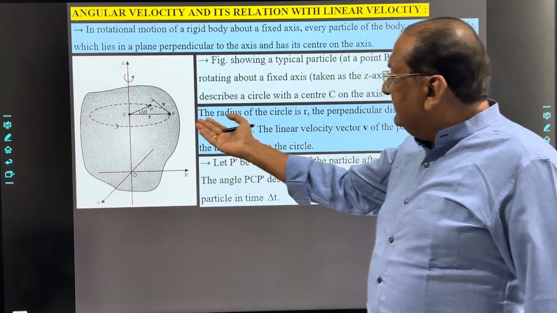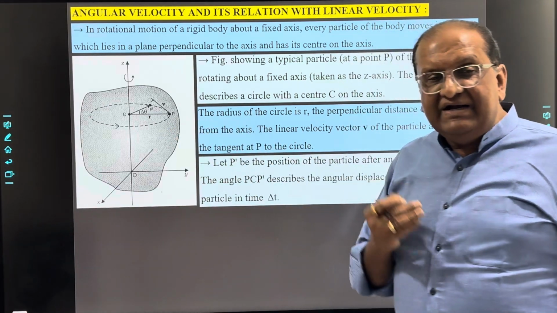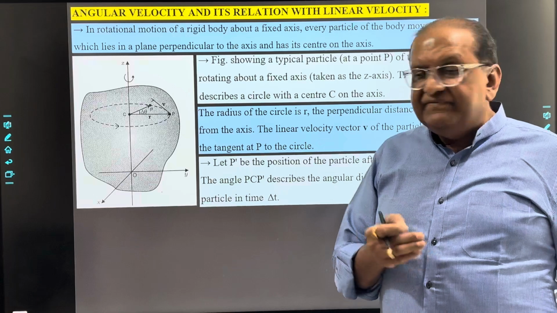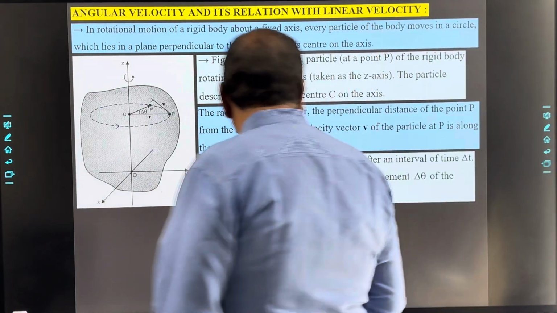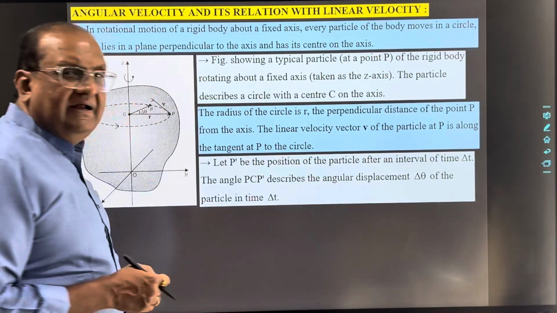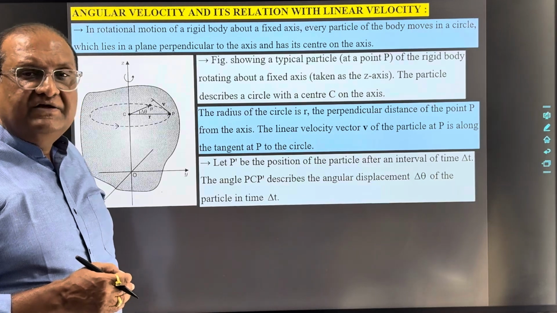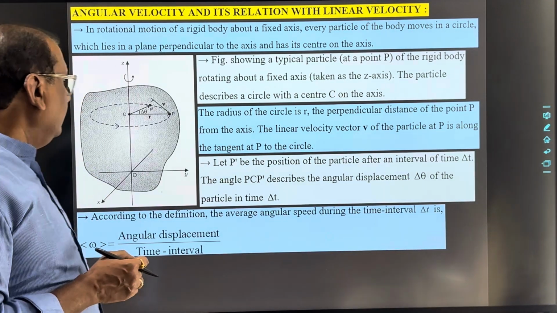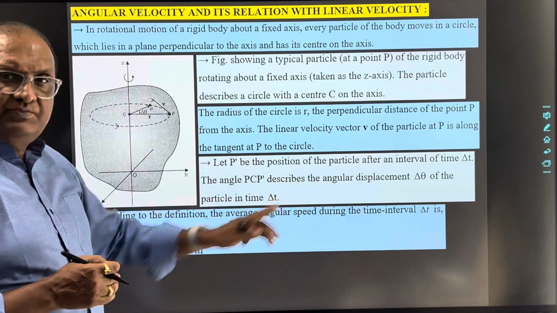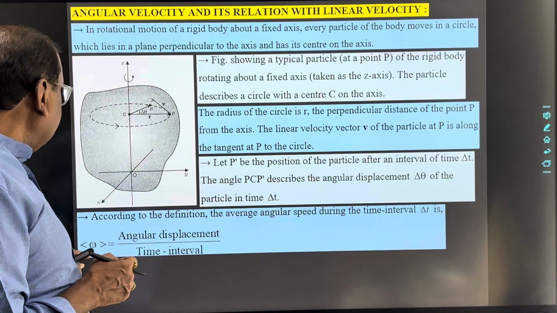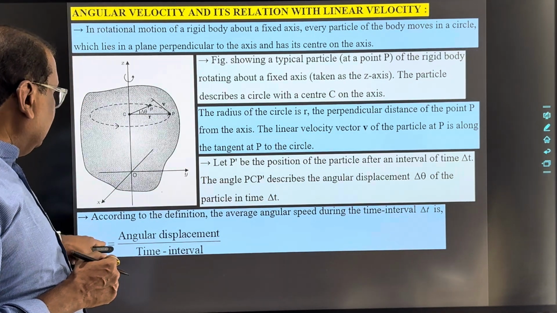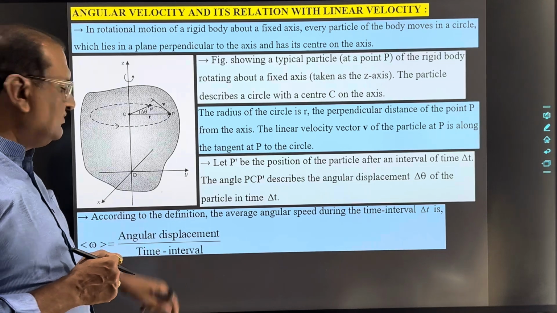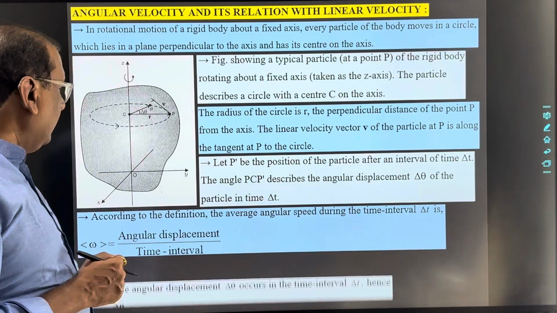Now here we can say this thing, in time interval delta t, the angular displacement is delta theta. Okay. So the average angular velocity or average angular speed, we can write omega, is equal to angular displacement upon time interval.